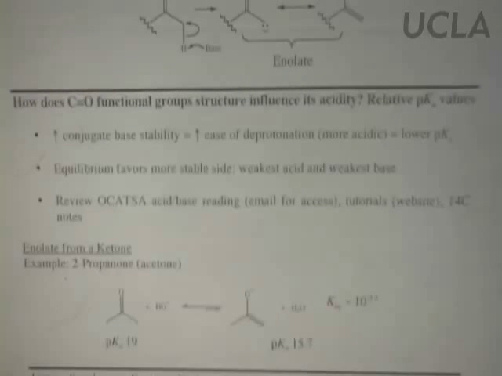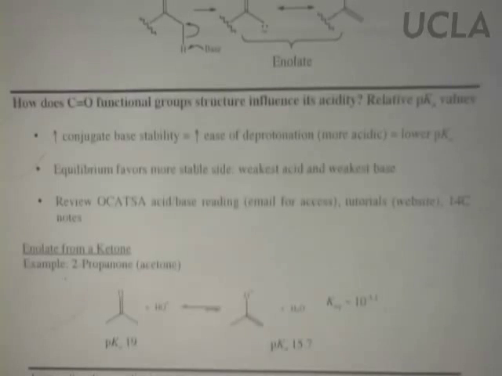A carboxylic acid is called a carboxylic acid because it likes to give away its proton. Why does it like to give away its proton? Because in going from carboxylic acid to the carboxylate, its resonance circumstance improves. It gains more resonance stabilization. It wants to do that, right? Resonance is like money. It wants to keep it. If it doesn't have it, it wants to get it. So carboxylic acids like to give away their proton because the conjugate base is pretty stable.